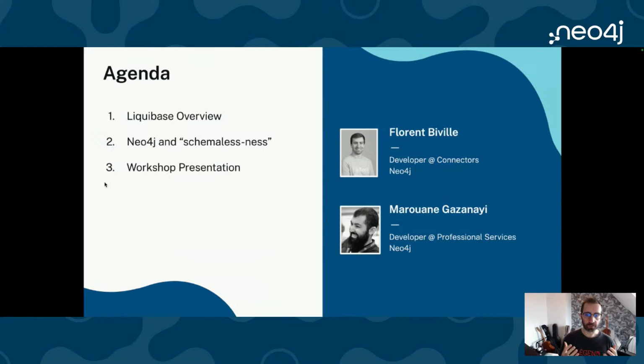And finally, we'll spend most of our time actually trying the Neo4j integration with Liquibase. But we'll first need to understand conceptually how everything works, how everything is tied together, before diving straight away. So that's why I wanted to take a little time there.